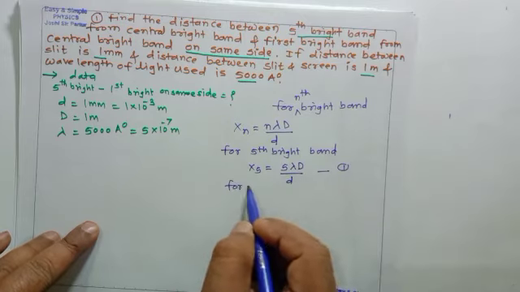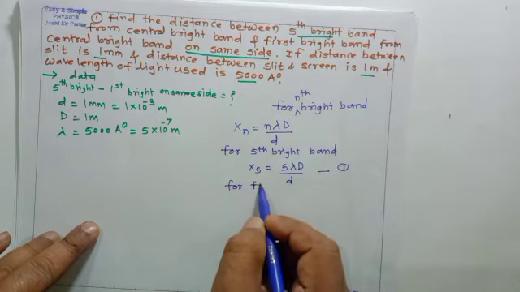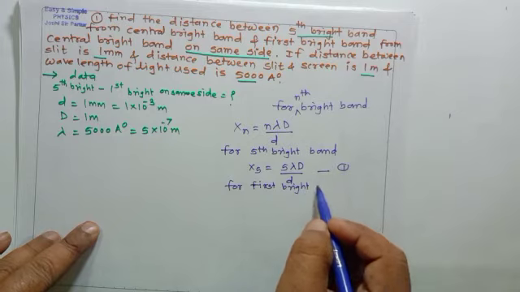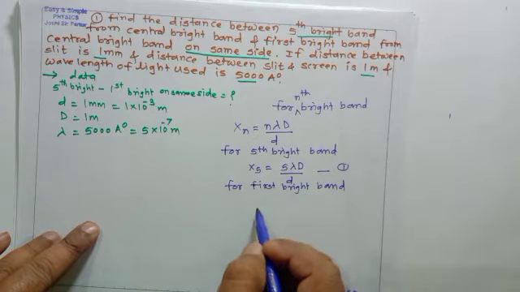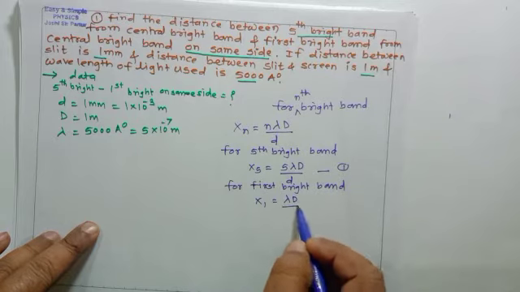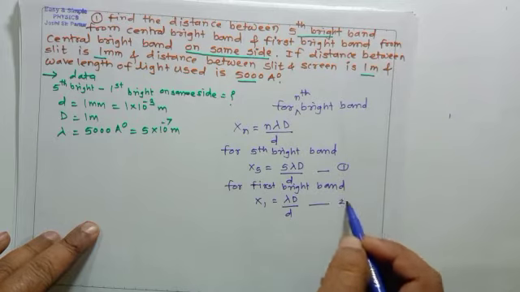For first bright band, that is x1 equal to 1 lambda capital D upon small d.